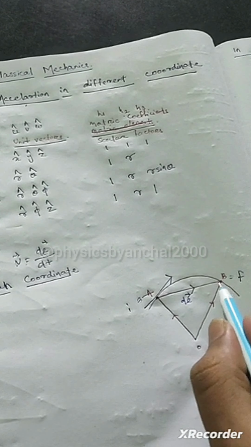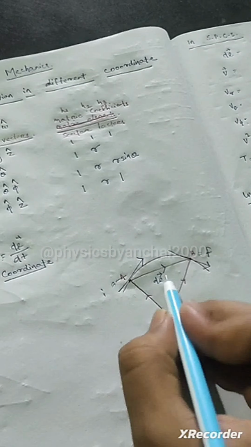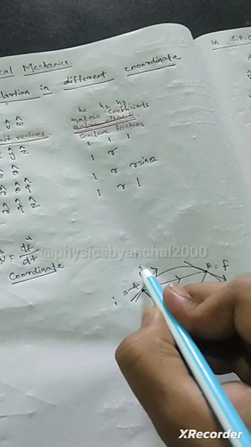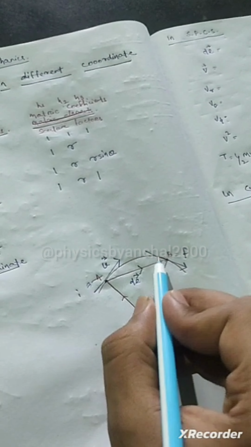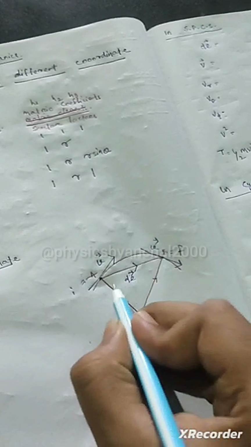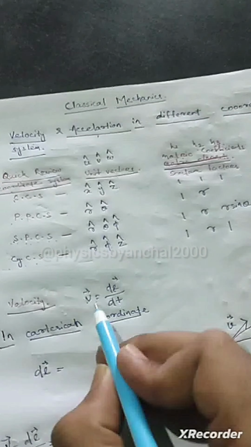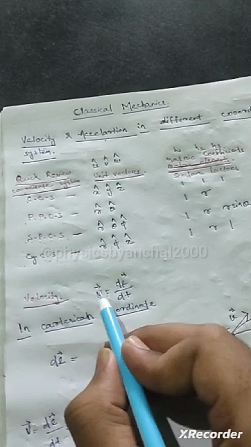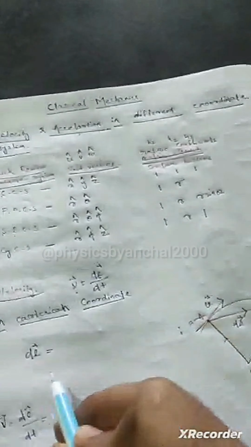And what about the direction of velocity at point B? This is the direction. Are the direction of velocity at point A and dl parallel? No. Are the direction of velocity at point B and dl parallel? No. So we can say that the direction of velocity and the direction of displacement are not always equal.